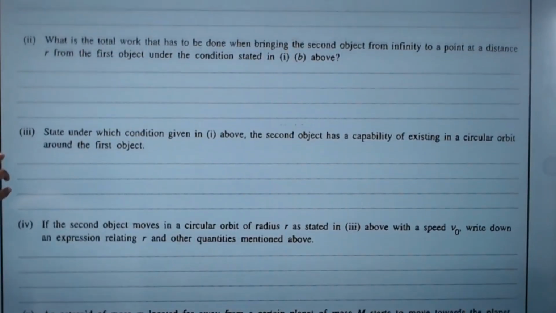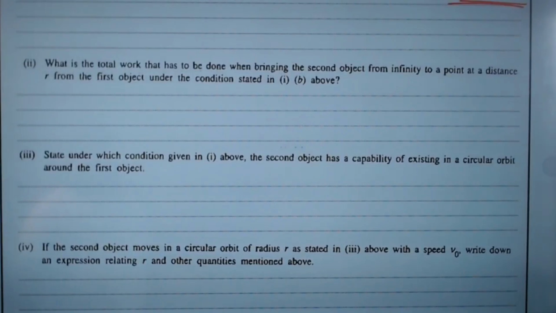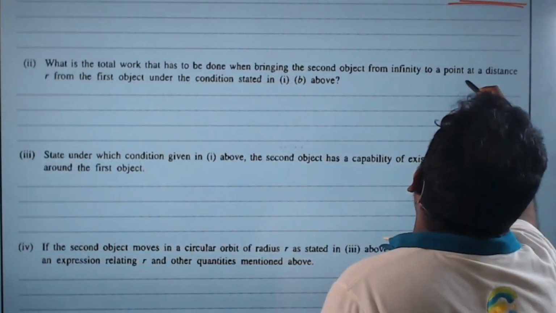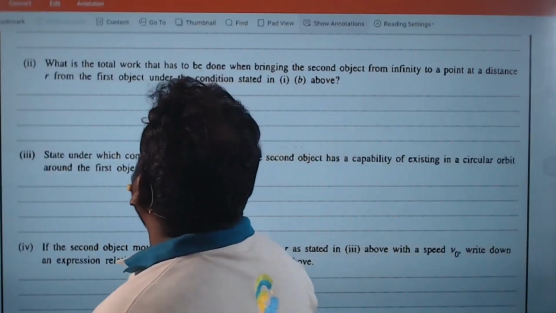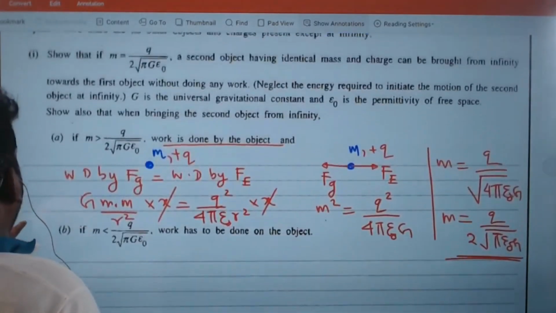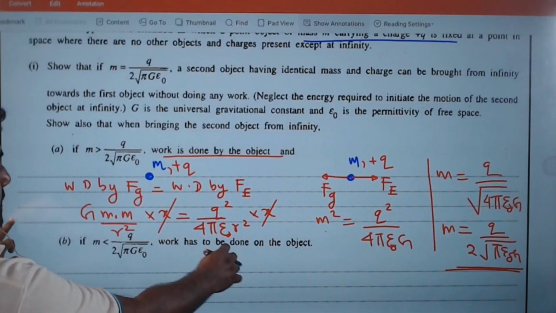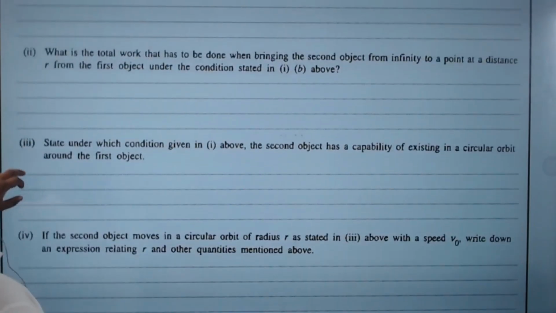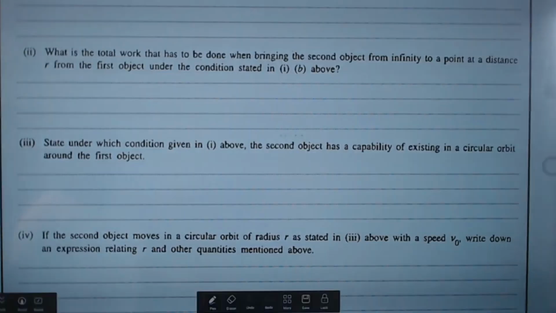What is the total work that has to be done when bringing the second object from infinity to a point at a distance simply r from the first object, under the statement Roman 1b. Roman 1b means electric force is larger than gravitational force. Look at the board.